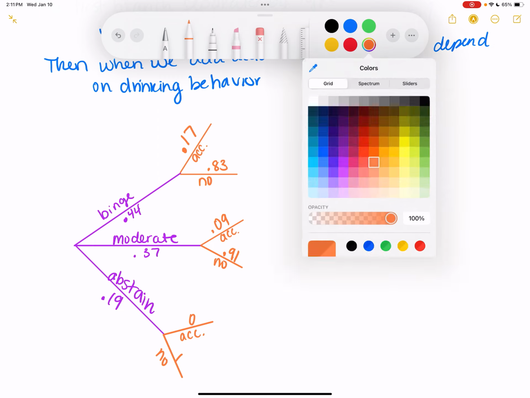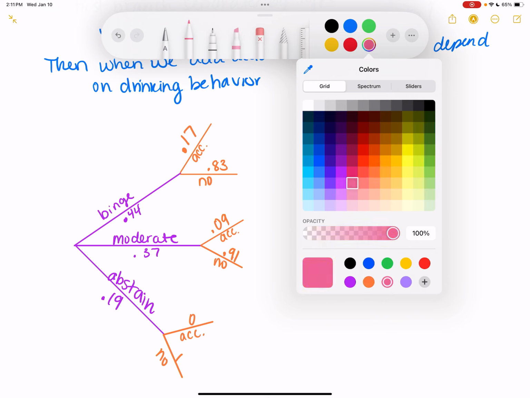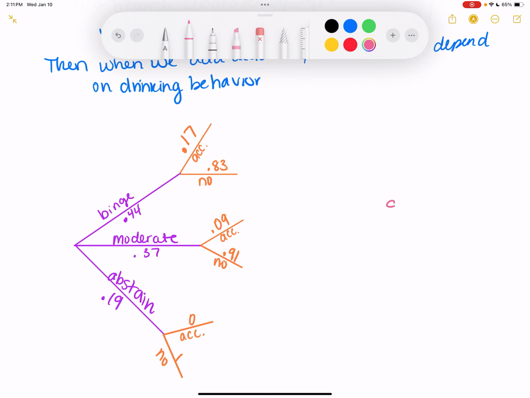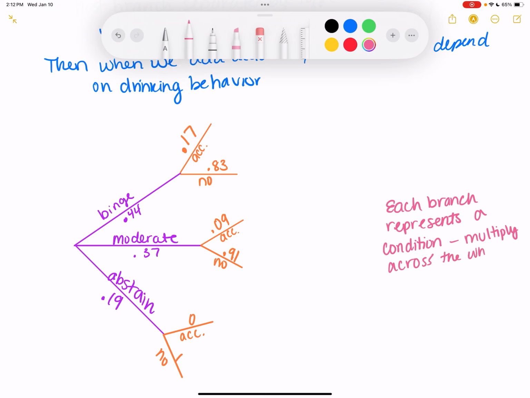Each branch represents a condition. Multiply across the whole branch to calculate.